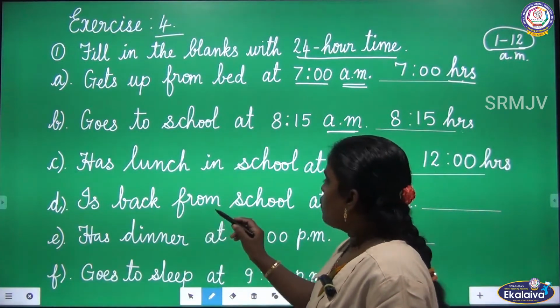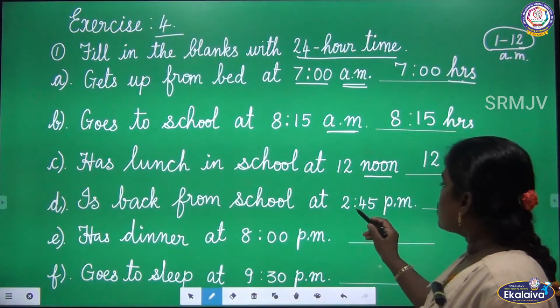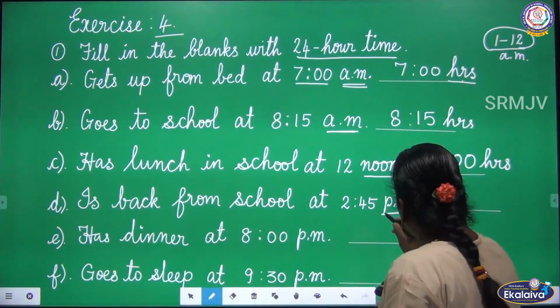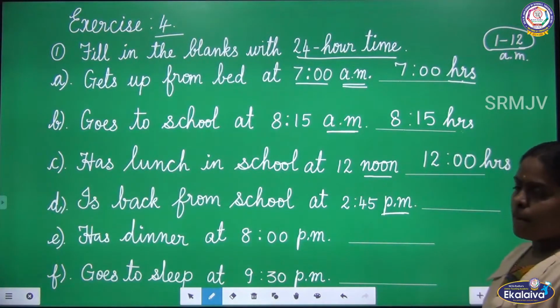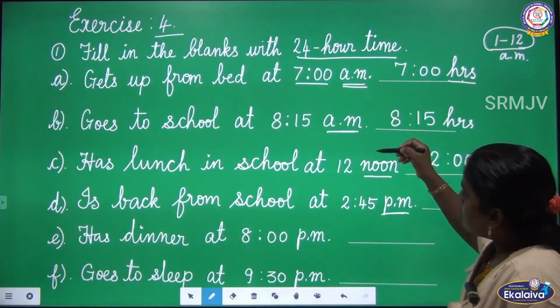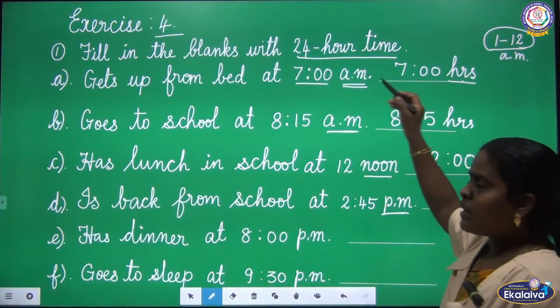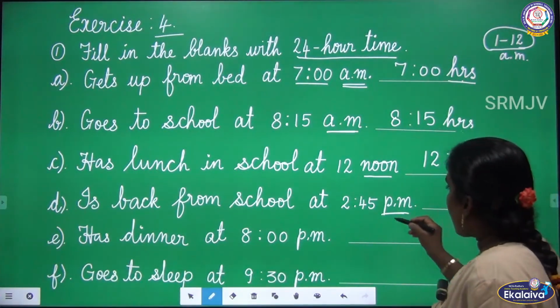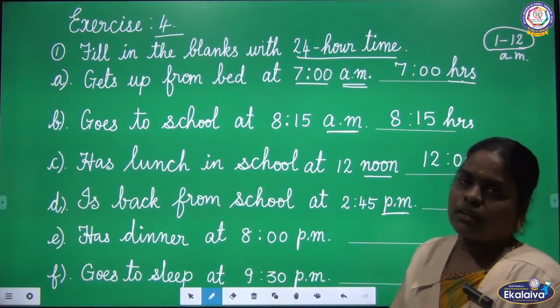Is back from school at 2:45 PM. Look at the period, children. PM. I have told you if AM is given, you have to write the given time and add the term hours. What do we have to do if PM is given?